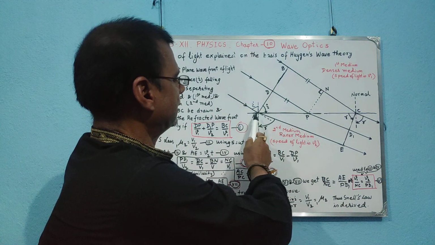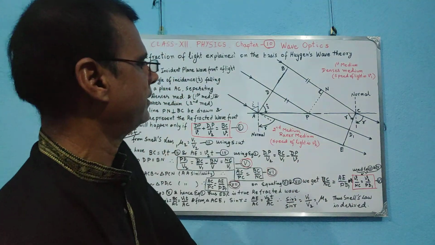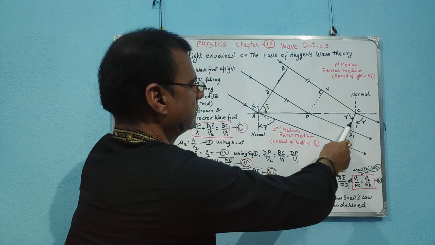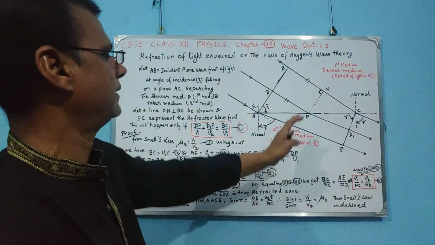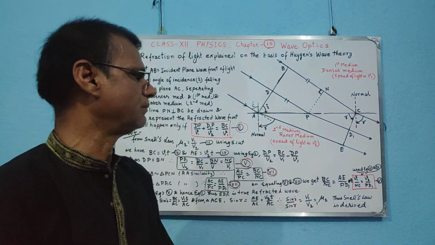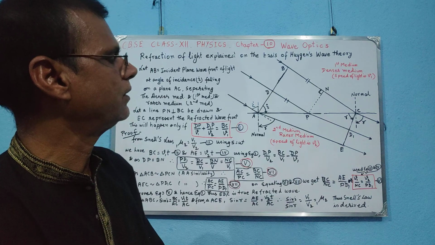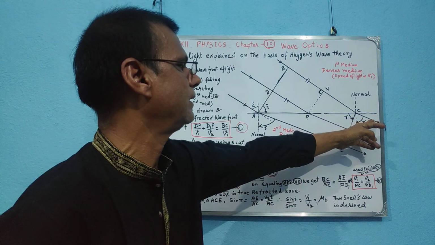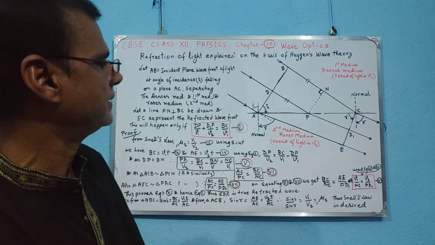In the same fashion, we have taken r as the angle of refraction, meaning the refracted wavefront makes angle r with the surface AC. This angle of refraction, as we know, is equal to the angle made by the refracted ray with the normal drawn at the point of incidence.